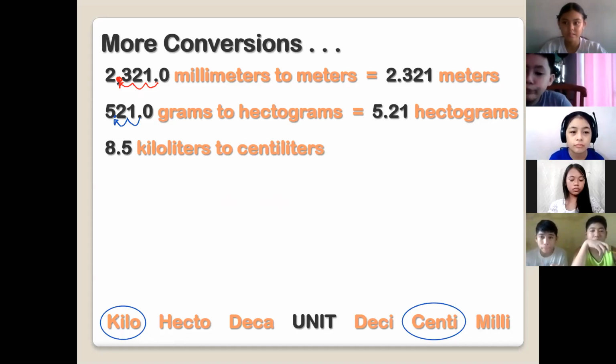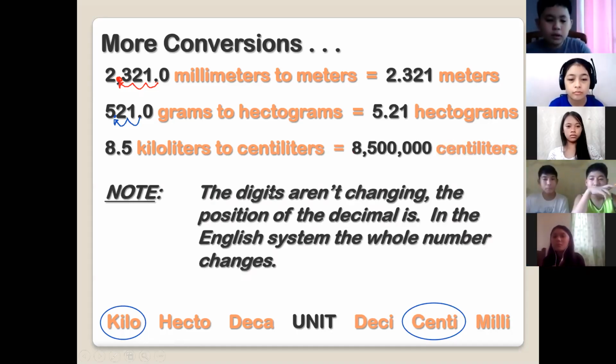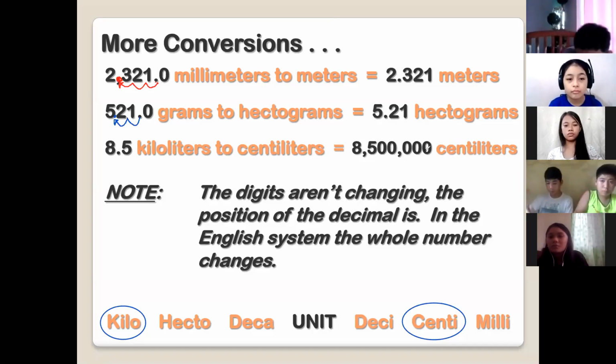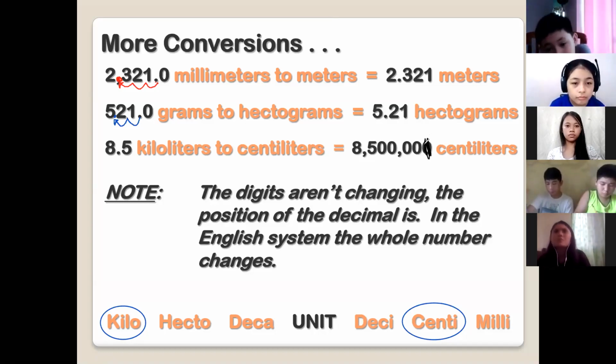850,000 is correct, class. Wait, this is wrong. This is supposed to be 850,000. Typo. The extra zero is gone. The answer is only 850,000.